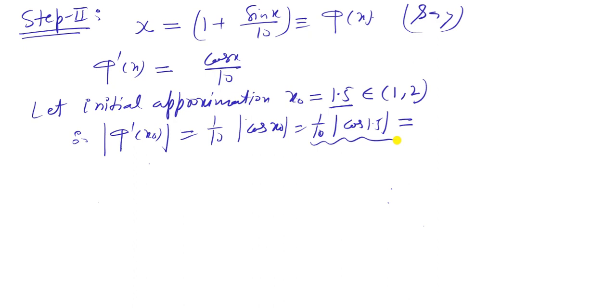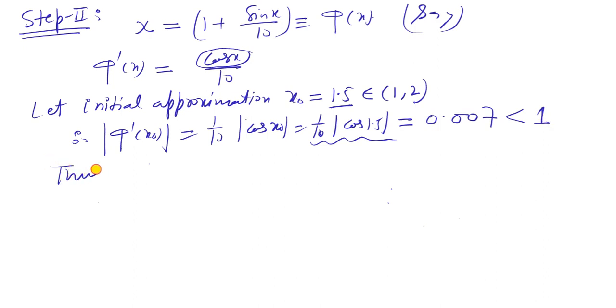Because a trigonometric expression is involved, as I told you in the last lecture, first convert your calculator from degree mode to radian mode. After converting the calculator to radian mode, we obtain the value of this expression as 0.007, and this value is less than 1.